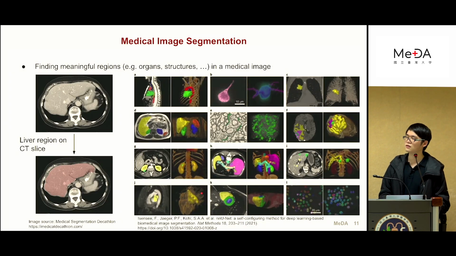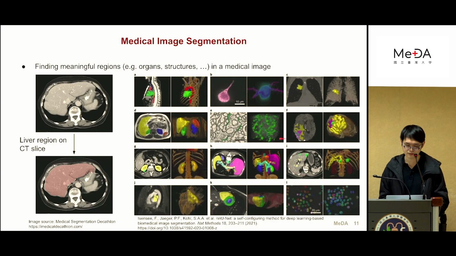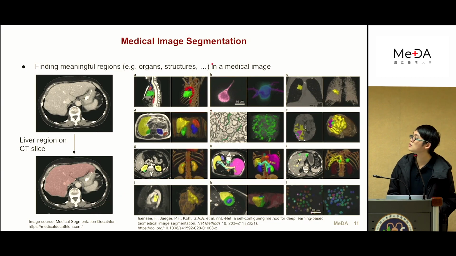In the medical context, medical image segmentation means we want to find meaningful regions. These regions could be organs or structures, like tumors or bones, a section of bones and so on, in the medical image. In today's example, we would like to find the liver in a CT slice.